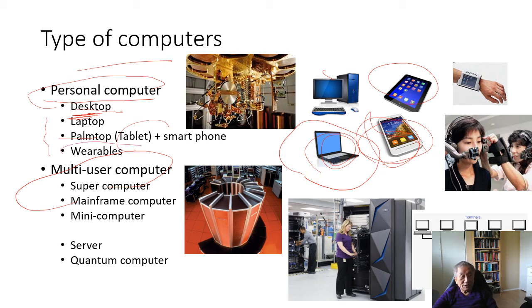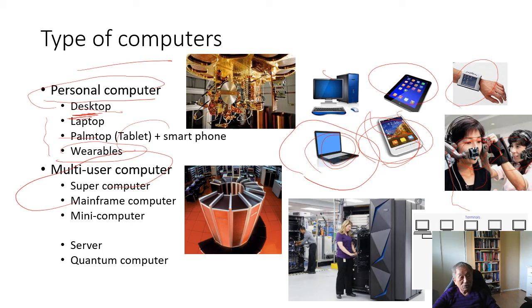Then wearables. These days people have started wearing things, like a smart watch. Maybe you may say it is pocket size. You wear it, you can talk, and you can communicate, getting messages in and out. So that's the personal computer. It's more individualized, but it's all connected to the world via networking or communication devices.